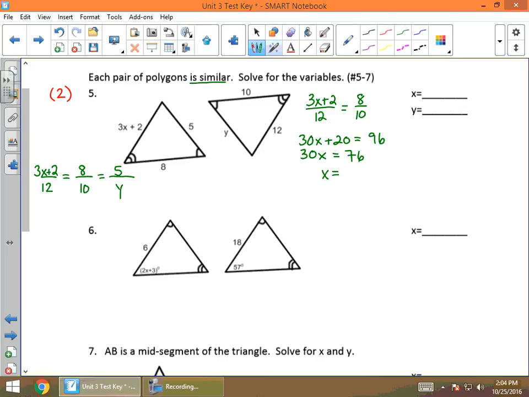So x is whatever I get when I do 76 and divide by 30. It does not come out to be real pretty. It comes out to be 2.5333333333. So 2.53, it's close enough. If you're writing it as a reduced fraction, the reduced fraction is 38 over 15.